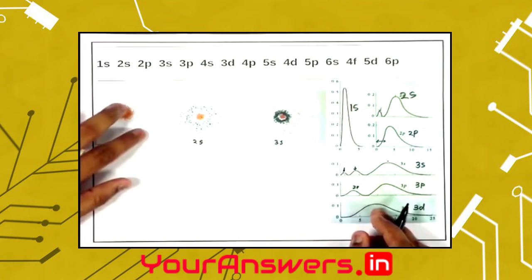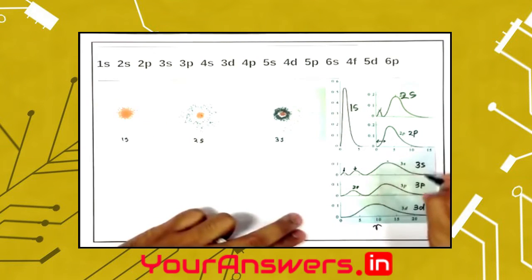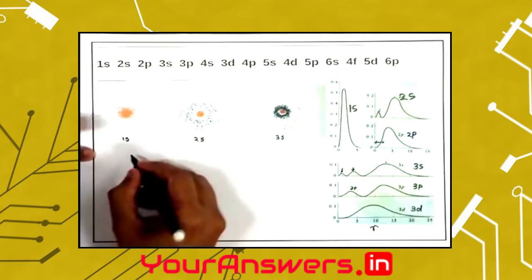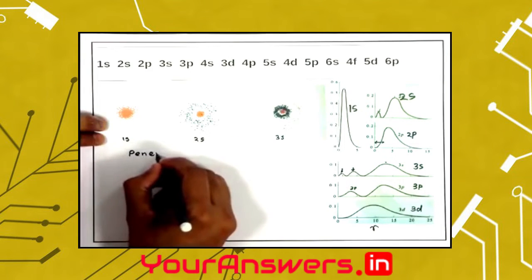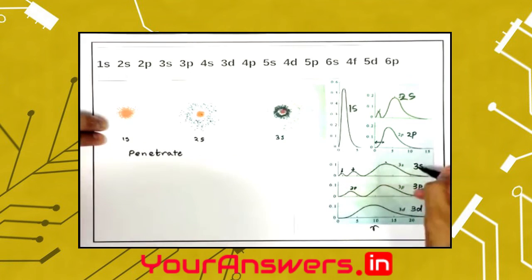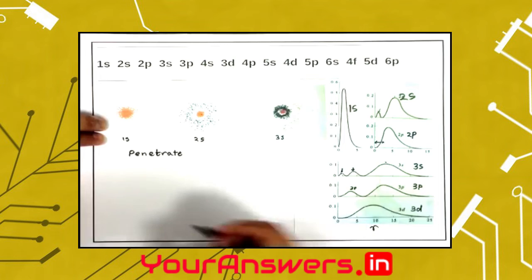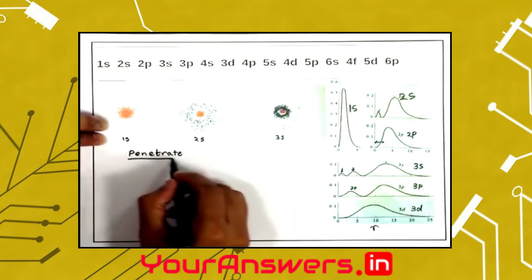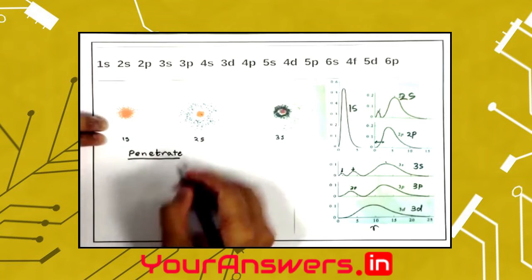So in this way, we see that as the orbital quantum number increases from s to p to d, the electron can penetrate less. For lower orbital quantum number, when l is 0, the electron can penetrate much more effectively closer to the nucleus.